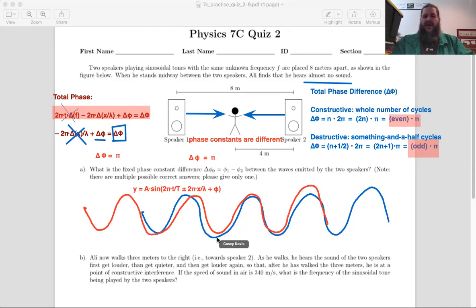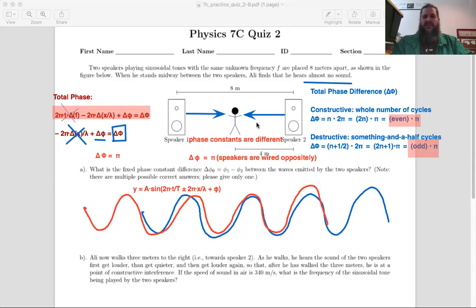If the speakers are offset by exactly half a cycle due to being wired oppositely, they're half a cycle out of phase, we would say the phase difference is 1 pi. So it seems that's what's going on here. The speakers are wired oppositely, I would say, if we wanted to describe what's causing this. So half a cycle offset is why you get destructive interference in the middle.